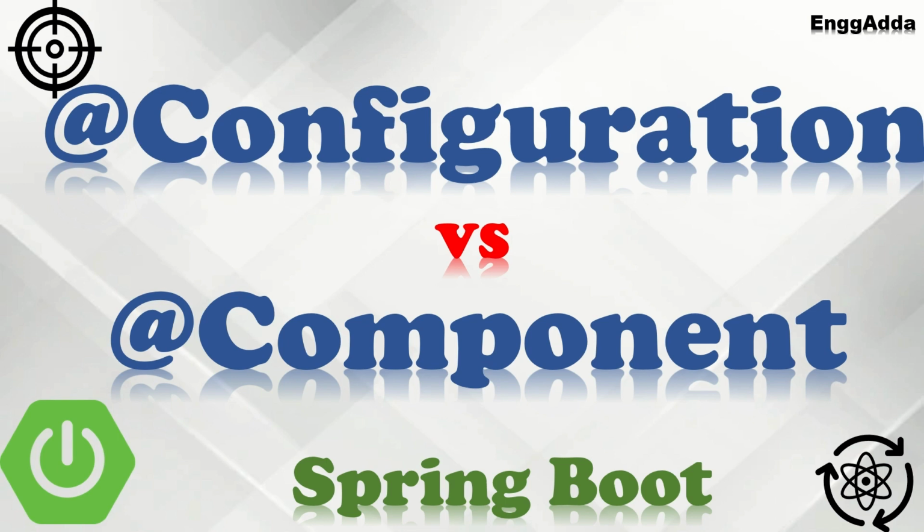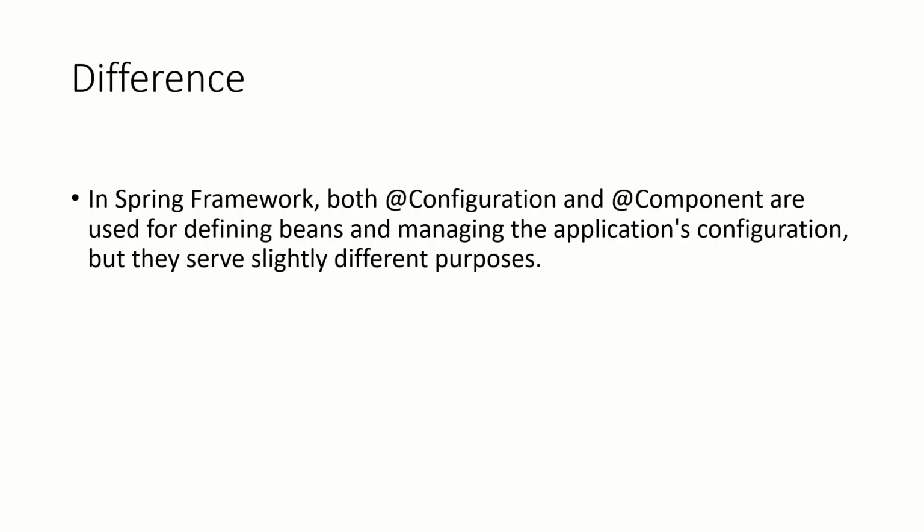Let me go to the next slide and show you the basic difference between both of the annotations. In the Spring Boot framework, both configuration and component annotations are used for defining beans and managing the application configuration, but they serve slightly different purposes.